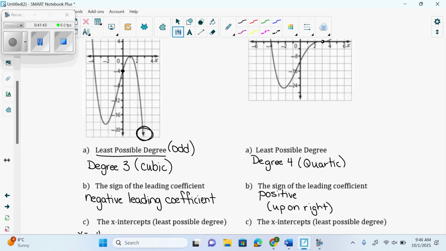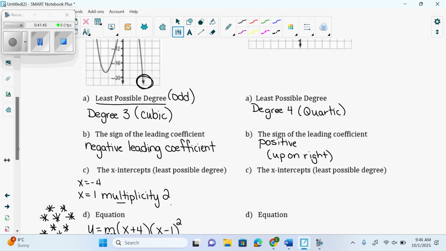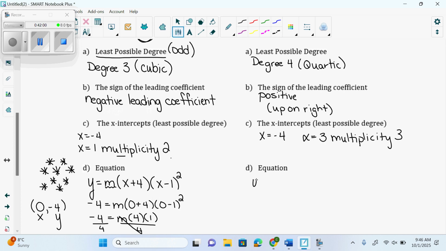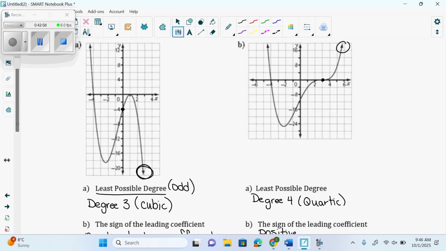So we have x equals negative 4, and x equals 3, multiplicity 3. So then we go y equals m times (x plus 4) times (x minus 3) cubed. We work our way backwards to our factors. Then we need a coordinate to solve for m.